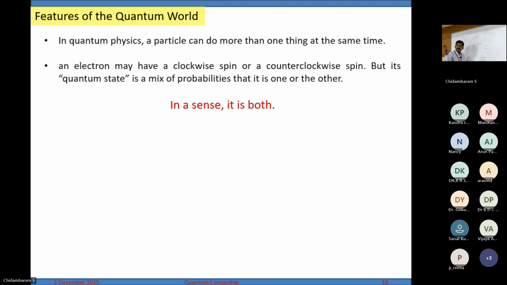Now you have multiple axes. When you take it as three-dimensional, you have the X axis and Y axis. This is the computational basis, 0 state, 1 state. You have Hadamard states, called plus and minus. Your measurement can settle down to this also. This is called your X basis. Now you have the Y basis, with positive Y and negative Y. Your measurement may settle down to this also.